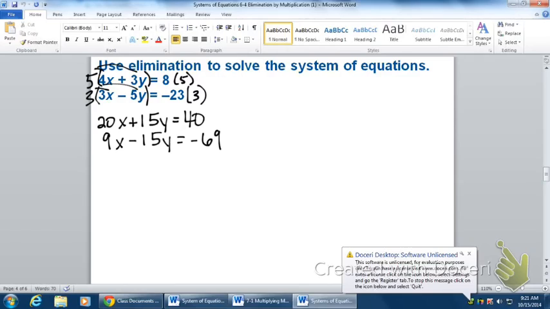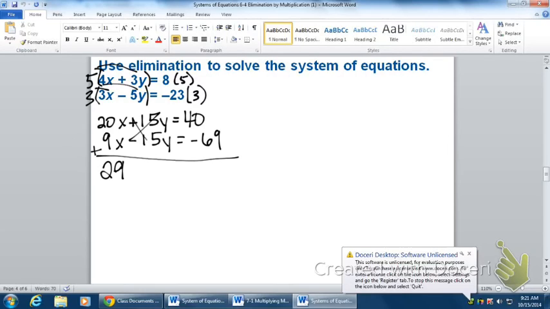No, that's incorrect. Come on, the answer has to be 69. It is. That's correct. It should have been 42. Anyways, from here, now my y's are going to cancel. If I add these together, my y's will cancel.